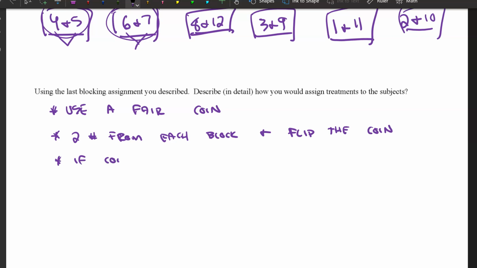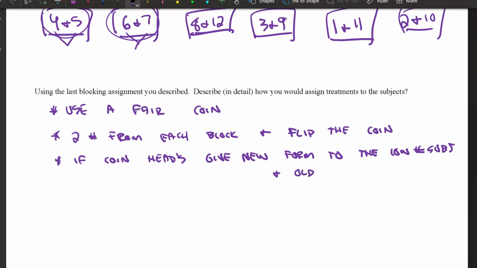If the coin comes up heads, I will give the new formula to the low number subject, and the old to the larger number.